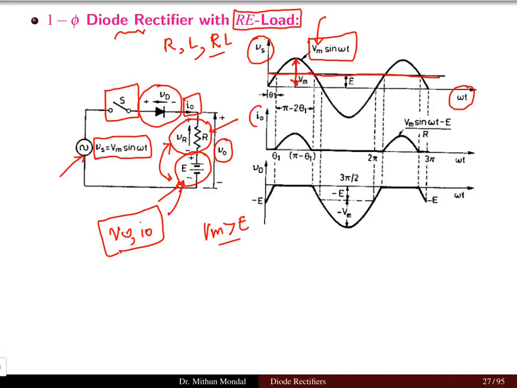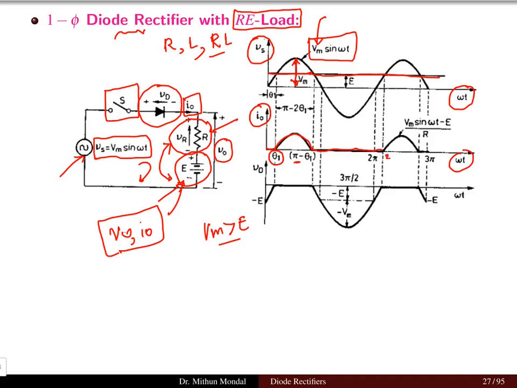If we plot the current I0 which is flowing in this circuit with respect to omega t, we will see that the diode will conduct, or the circuit will conduct, at a certain angle theta 1, and the current will flow up to pi minus theta 1, and after that there will be discontinuity in the circuit, or the circuit will be turned off. There will be no current.